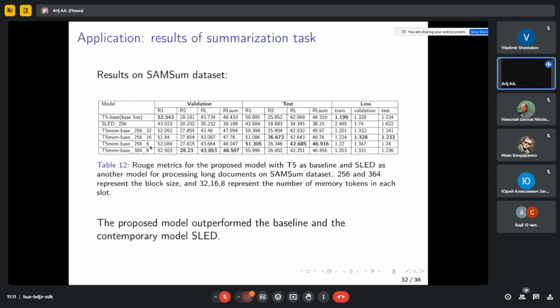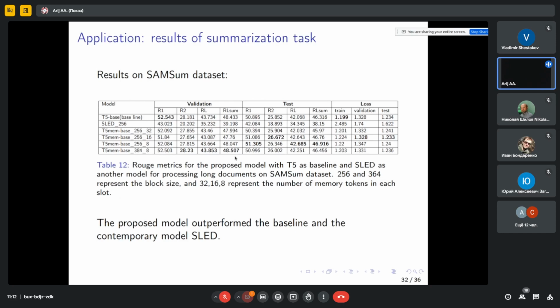Sometimes using 8 memory tokens results in better results, sometimes using 16. So we didn't have a clear result from changing the memory size. But with increasing the chunk size, we got better results.